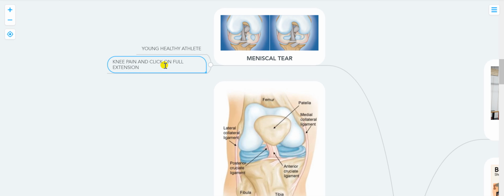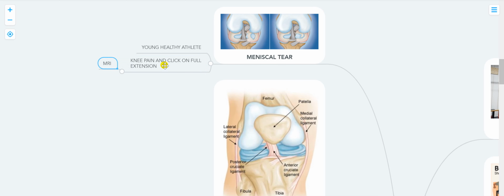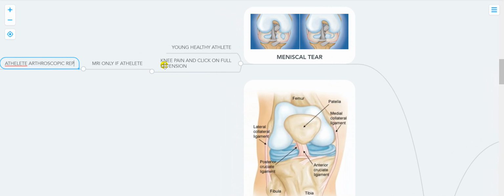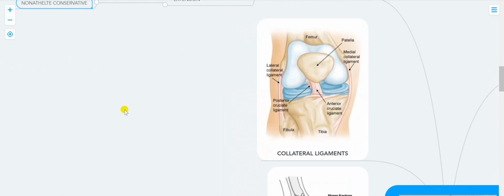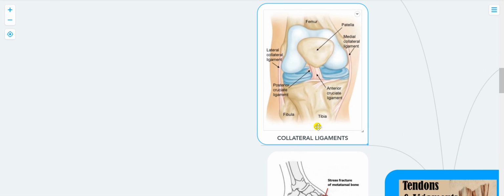How do you diagnose that? Usually MRI, only if athlete. You do MRI. How do you manage it? If it's an athlete, then you do arthroscopic repair. If it's a non-athlete, you just do conservative management. Okay, so that's the meniscal tear.